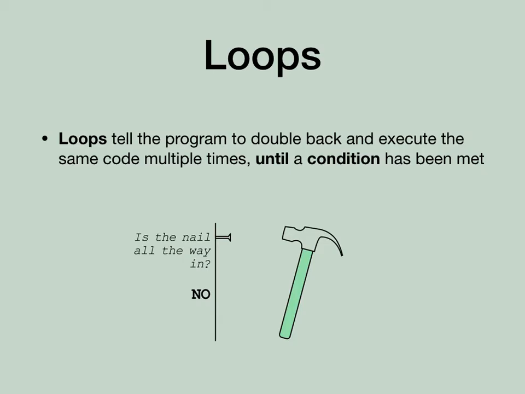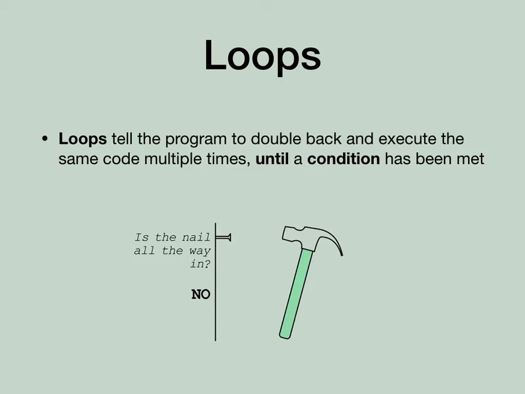So, loops. How do we conceive of a loop? What is a loop? Loops tell the program to double back and do the same code over and over until a certain condition has been met. Or more accurately in how we define them, until a condition is no longer met.